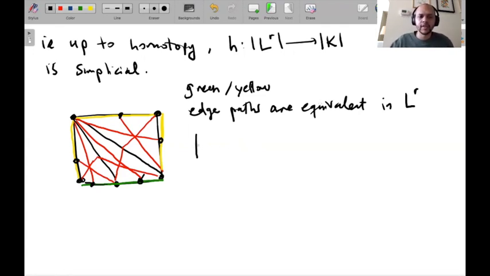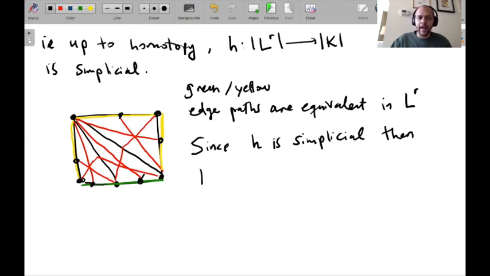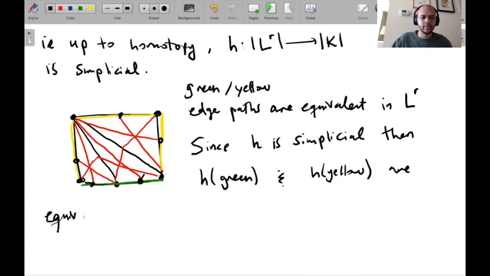So then, since H is simplicial, which we can assume up to homotopy, H of the green and H of the yellow are equivalent edge loops.